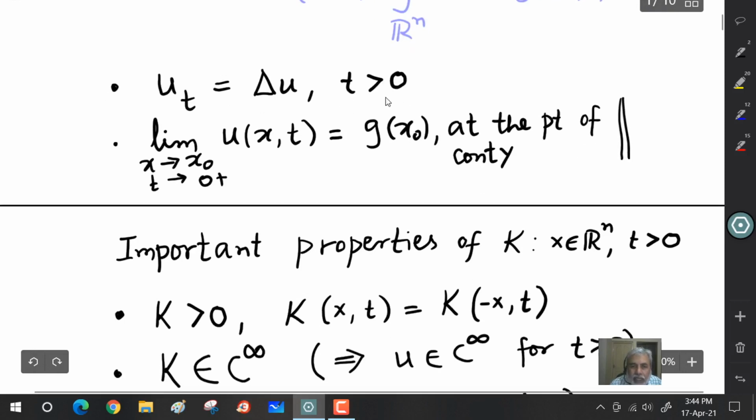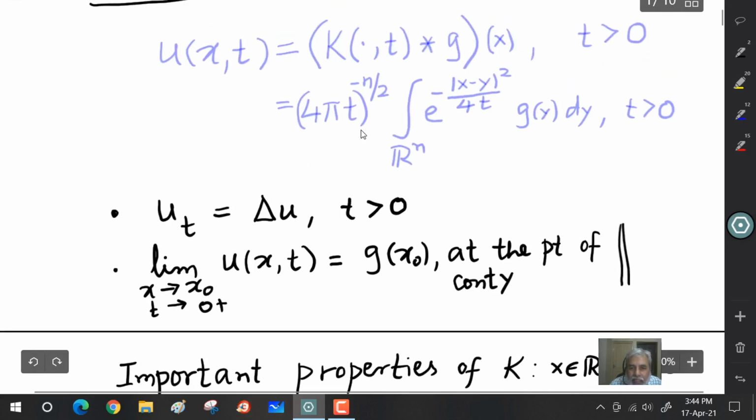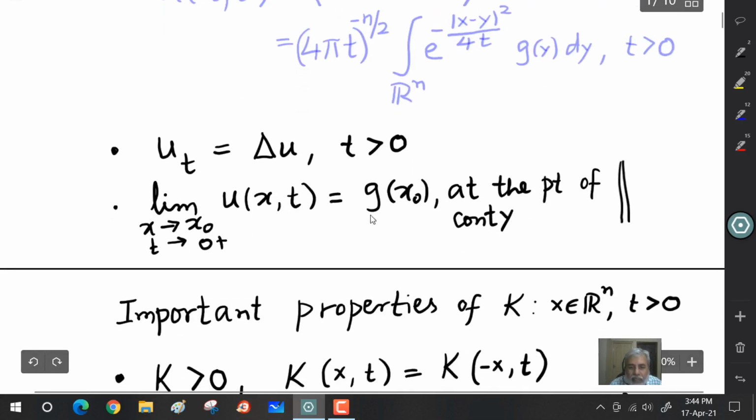It's not that you directly put T equal to 0, because this K has a singularity at T equal to 0, so you have to interpret this initial condition in this limiting sense. Okay, so that's important, and in fact it's more local in the sense that wherever G is continuous, this limit holds true.